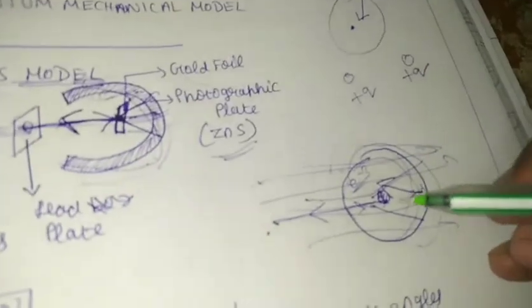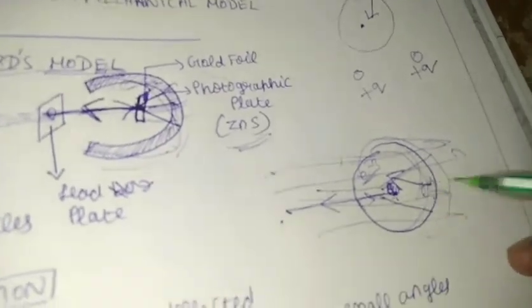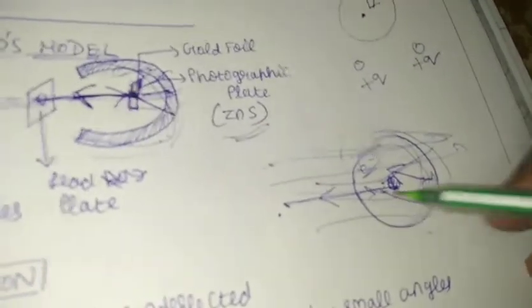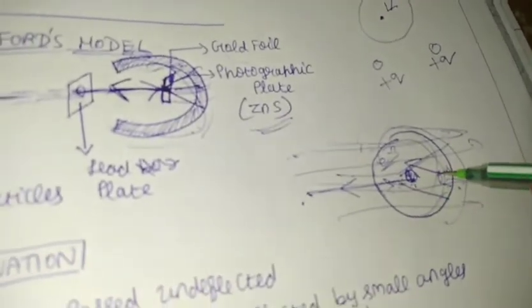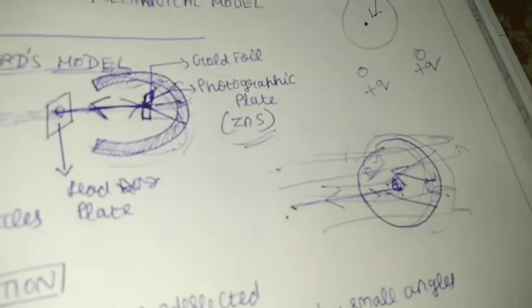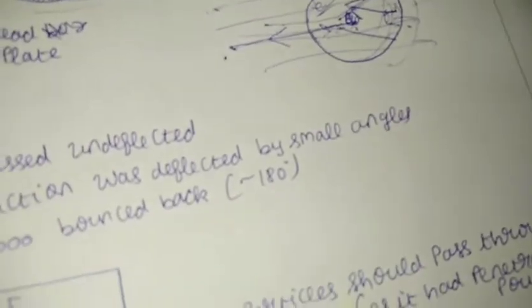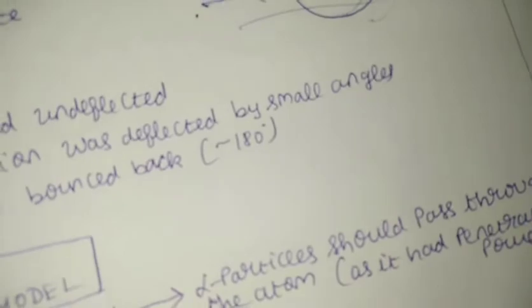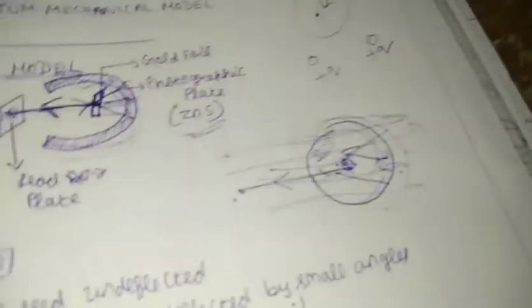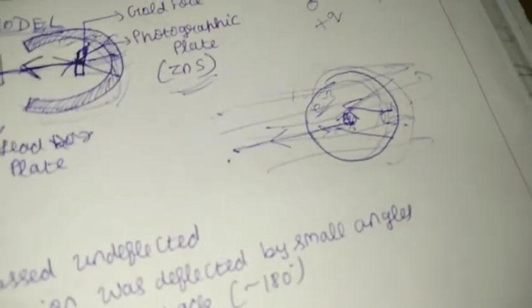Just a basic idea I'm giving. This is a proton, which is positive charge, and the electron is negative charge, so there is an electrostatic force of attraction, which is balanced by the centrifugal force. You will not go deep into it, so understand that the centrifugal force is balanced by the electrostatic force of attraction.